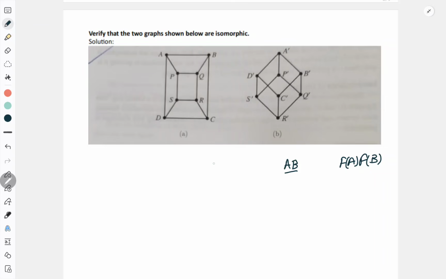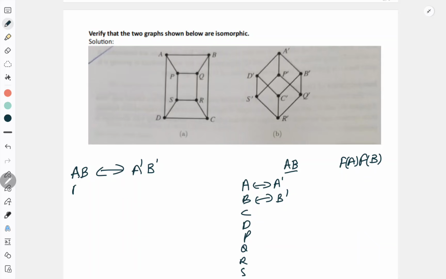Now here, if you observe, I have vertices A, B, C, D, P, Q, R, S. So I need to search what the image of A is. Here I have A, B, so let me randomly map it to A dash, P dash first. So for A I will have A dash, and for B I have P dash. Correct. Now check which vertices A is connected to.